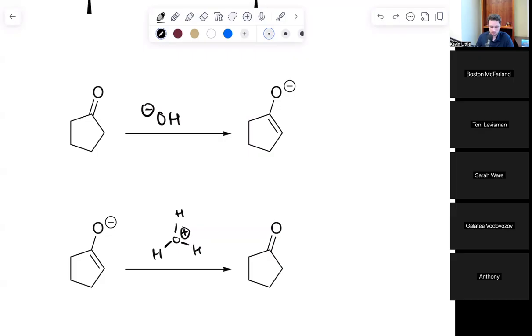So I started looking. This carbon has no protons. How many protons are on this carbon? Two. There's two, right? If I look at the same carbon in the final picture, how many protons are on it now? One. There's one.